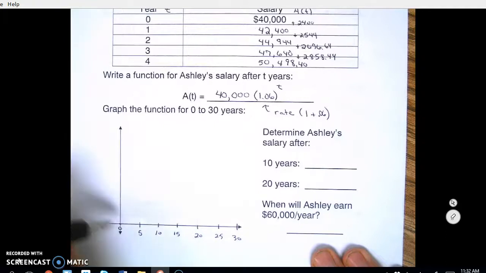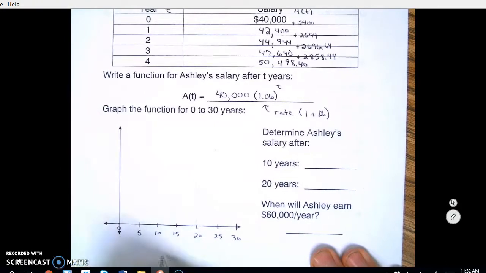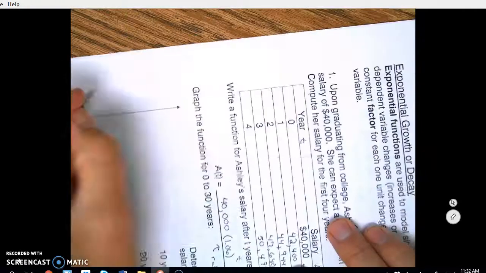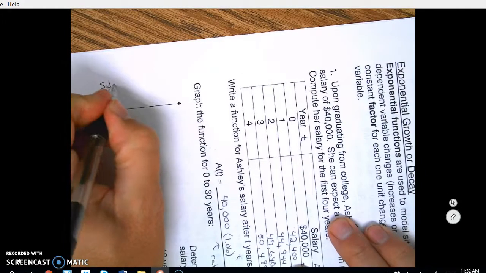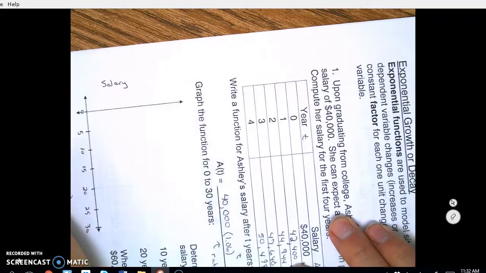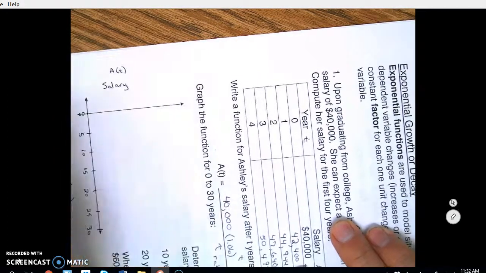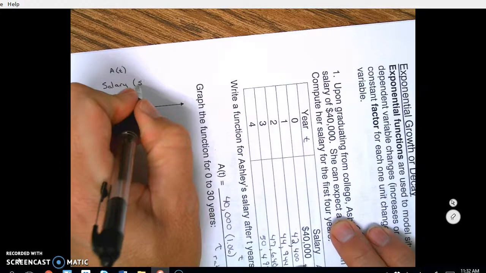Now, for my y scale, that's going to represent my salary. This is time, and it's in years. That's my units. This is going to represent Ashley's salary, A of t, and this is going to be in dollars.